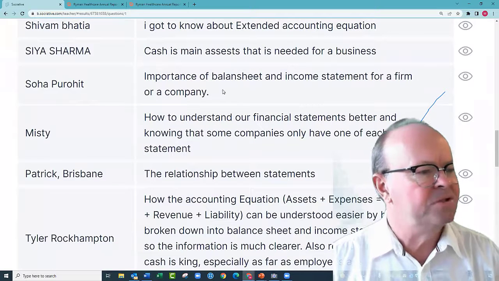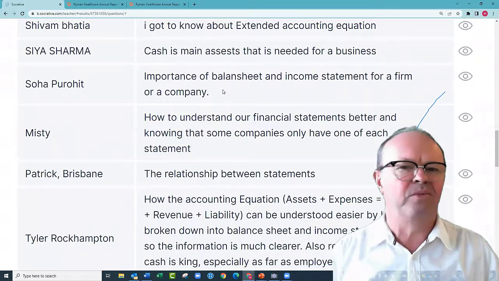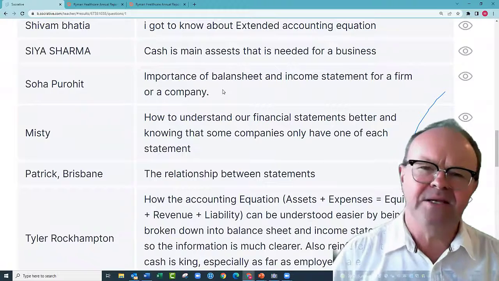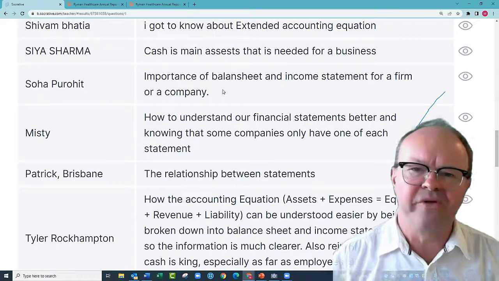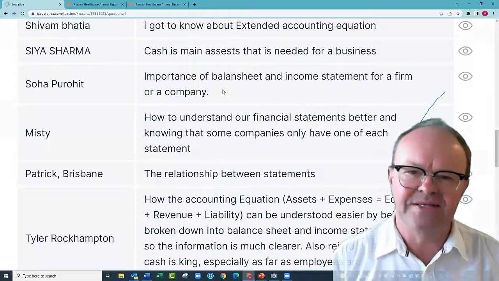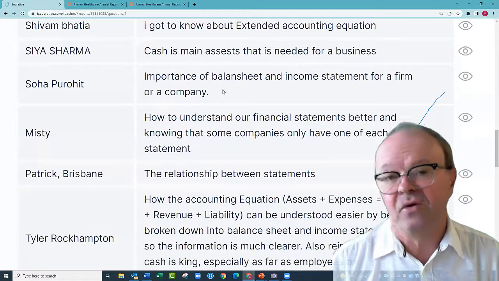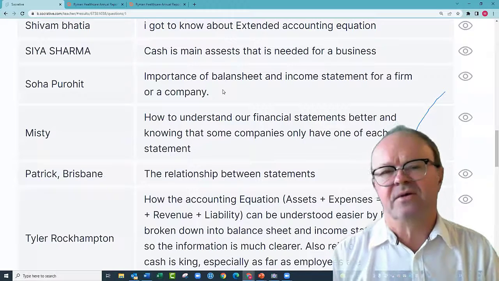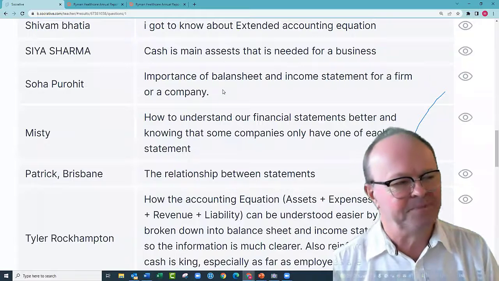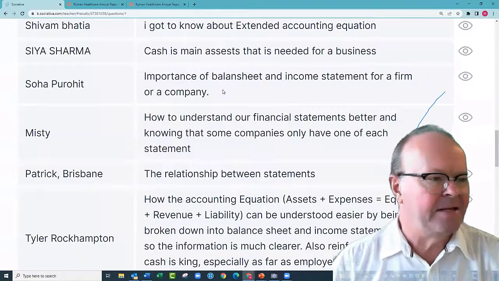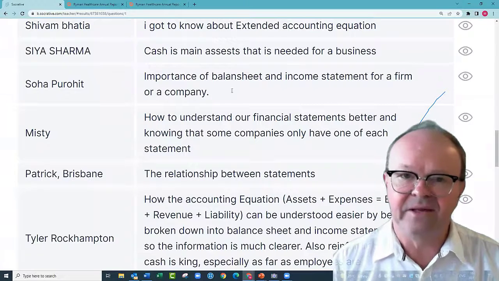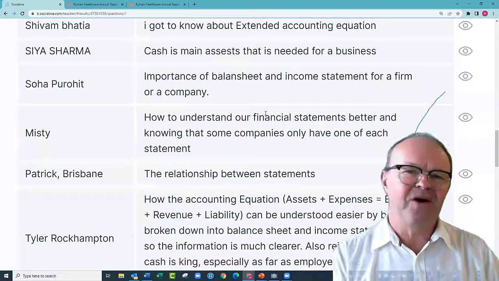So, importance of the balance sheet and income statement for a firm or a company. Yeah, so the balance sheet and income statement show us all the 5 elements of accounting. So they're central, but they're all important. Statement of changes in equity and cash flow statement are also important. But the balance sheet and income statement will give you all the 5 elements of accounting. And what are those 5 elements?